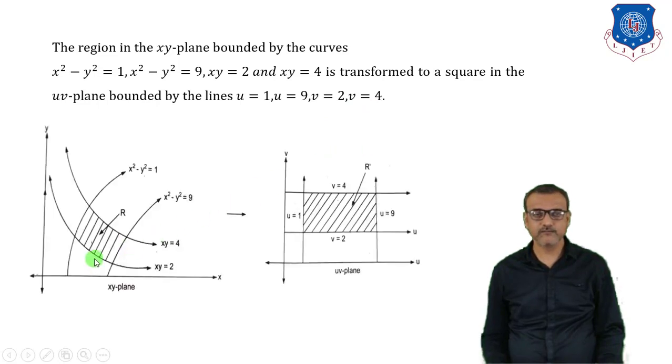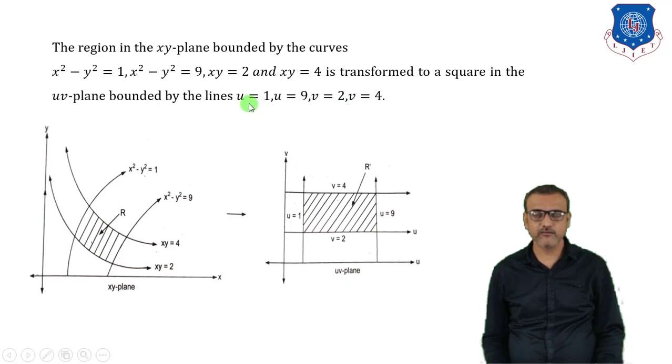Now this is the given region of integration in the xy plane. This is the graph of x square minus y square equals 1. This is the graph of x square minus y square equals 9. This is the graph of xy equals 2, and this is the graph of xy equals 4. So this is the required region of integration in the xy plane, and the required region of integration in the UV plane will be formed by these 4 lines.